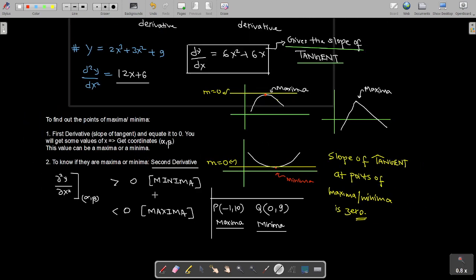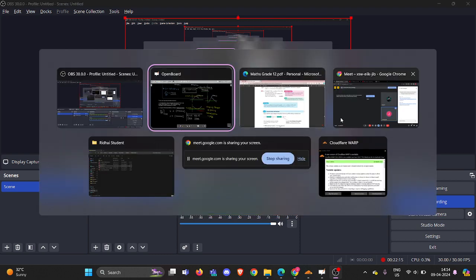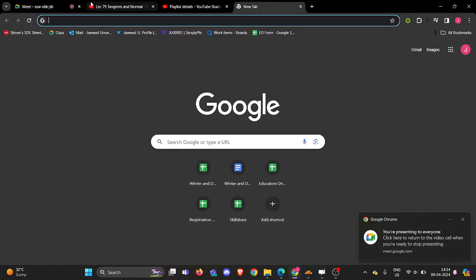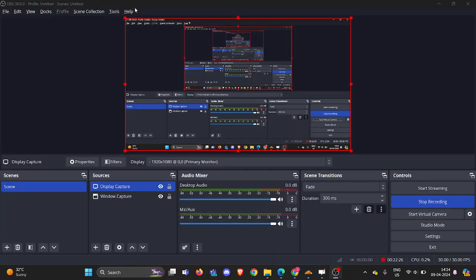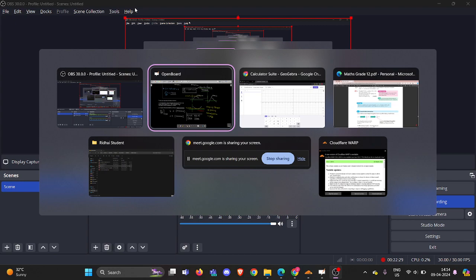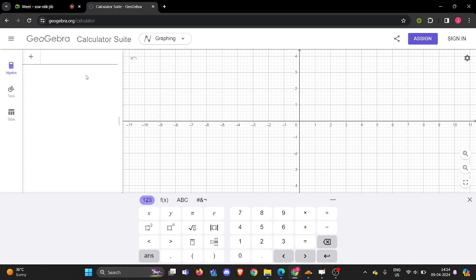Let's see it in real. What was the equation? Plus 2x cubed plus 3x squared plus 9.